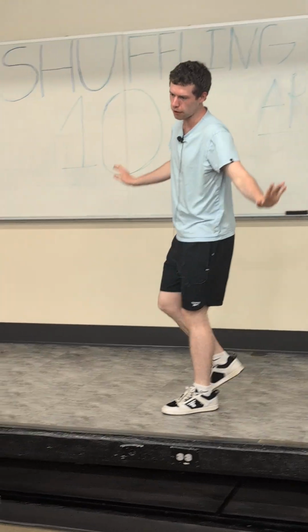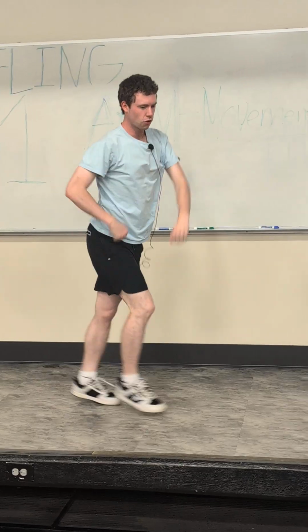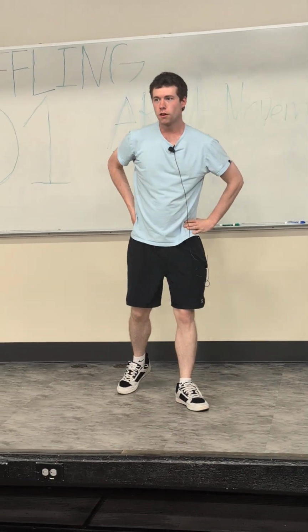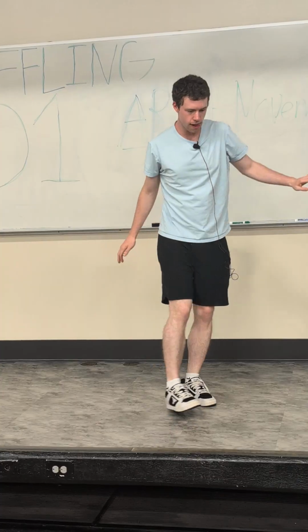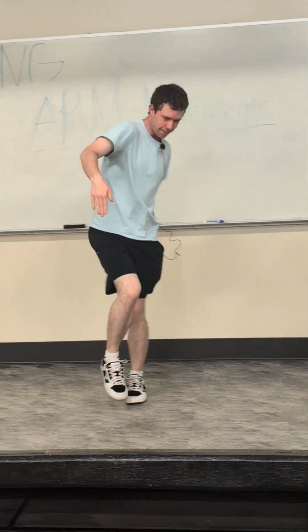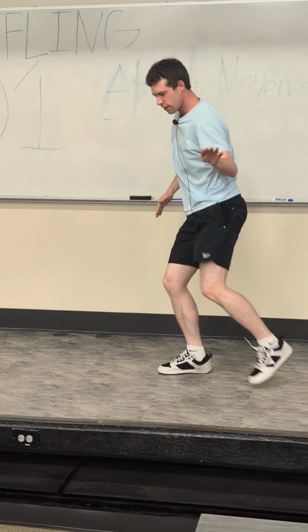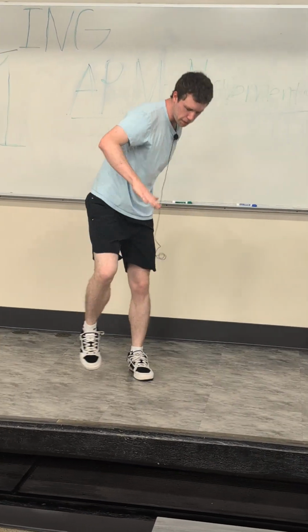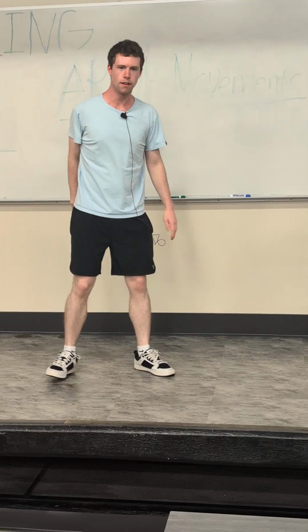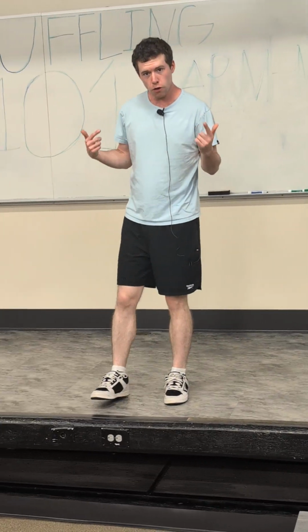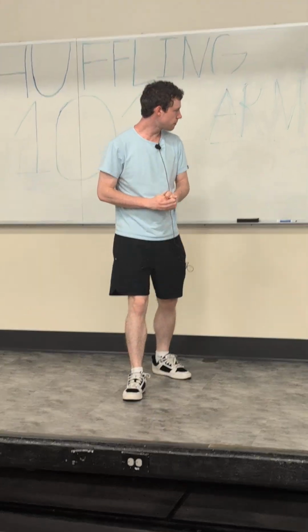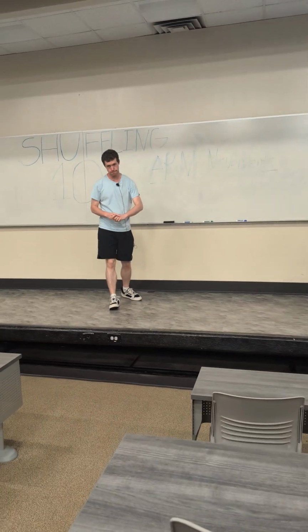And a couple other ones, you got your rolls, that looks cool. You got your, like, tweak your arms a little bit like this. You know, all good forms. But it's whatever you make of it.